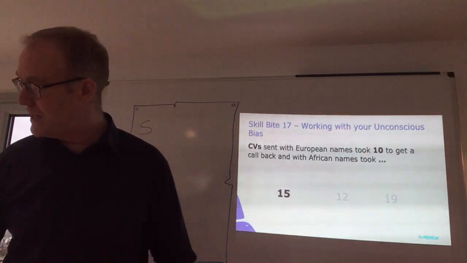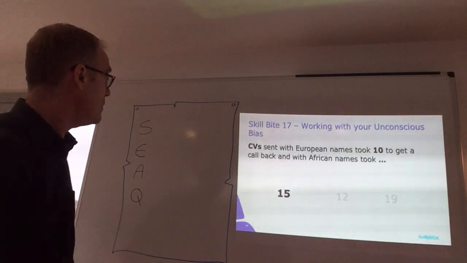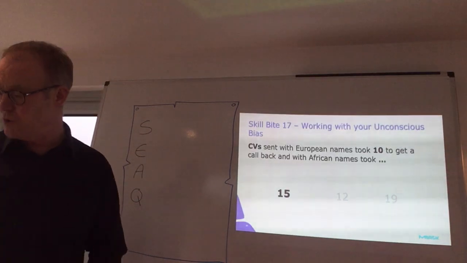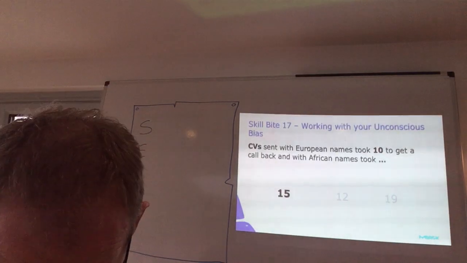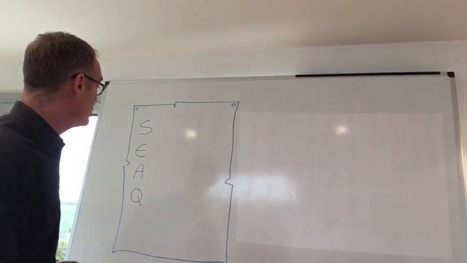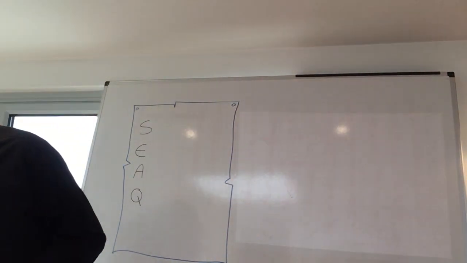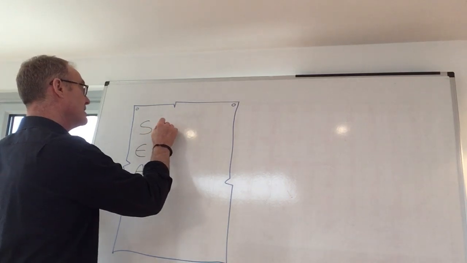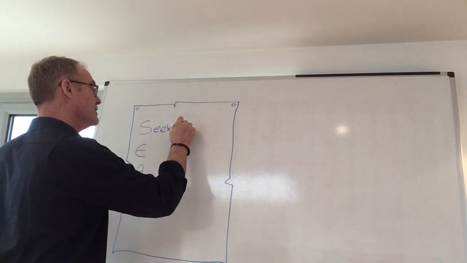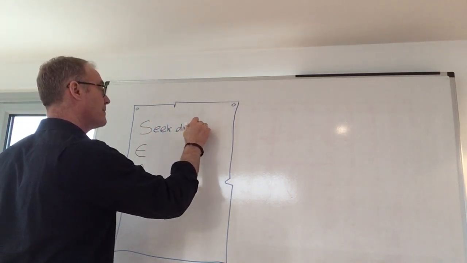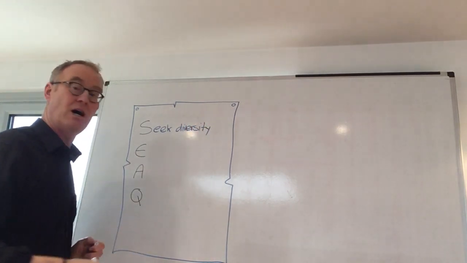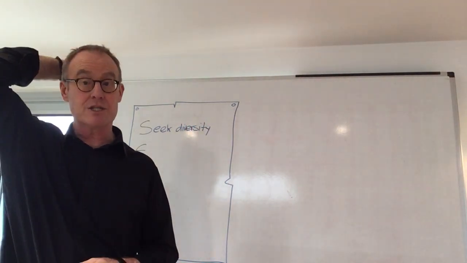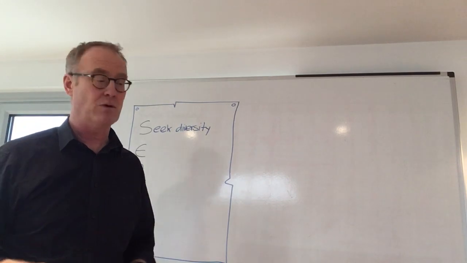So let's look at what we can do about it. We're going to go on to SEEK, this word we're using, SEEK. And the significance of the word SEEK is, first of all, we want to seek, beginning with S, seek diversity. And we've seen why. By having boards that have diverse gender mixes, they tend to outperform.